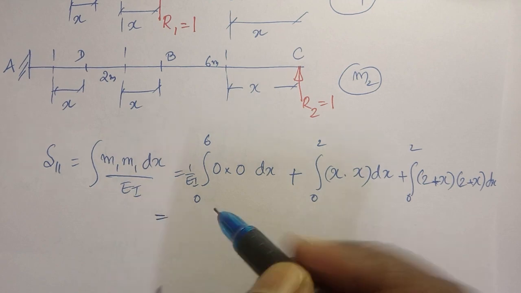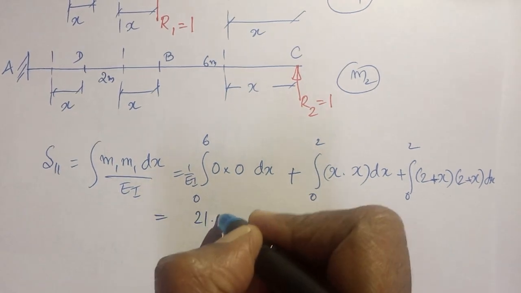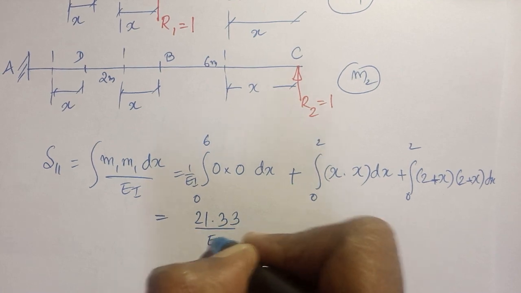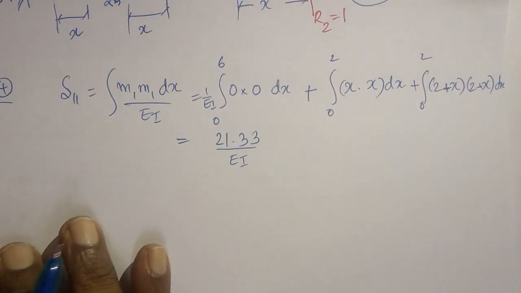After the integration, substituting the limits, we will get the 21.33 by EI.